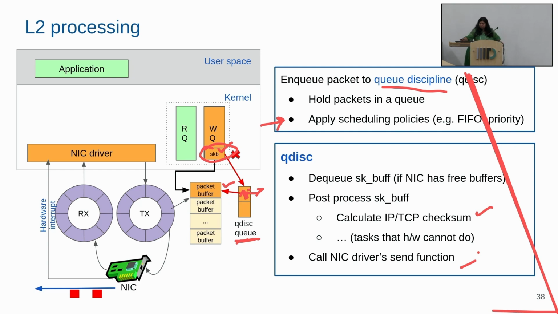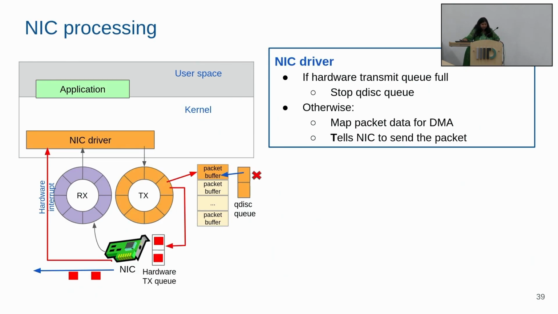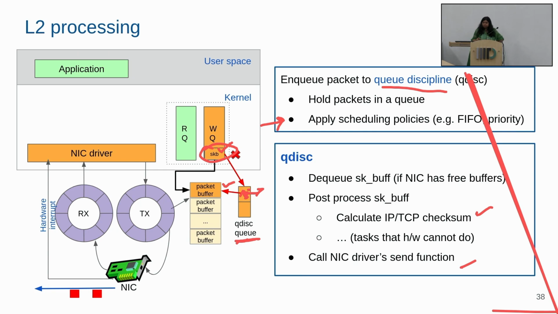Here, the QDisk again uses an skb to point to the packet. It doesn't contain any copy of it. But it decides which packet to send based on which queue discipline is used. Yes, the write queue is a per-socket queue, and QDisk is a global queue for that NIC, where we are ready to send data.